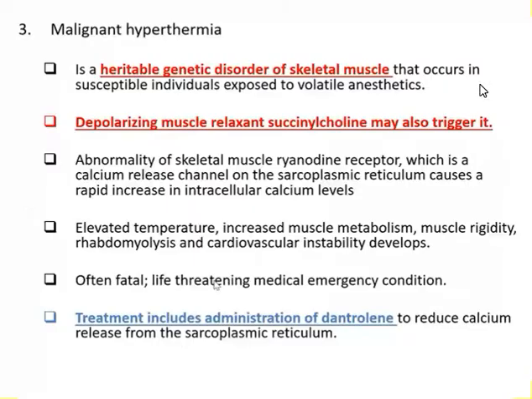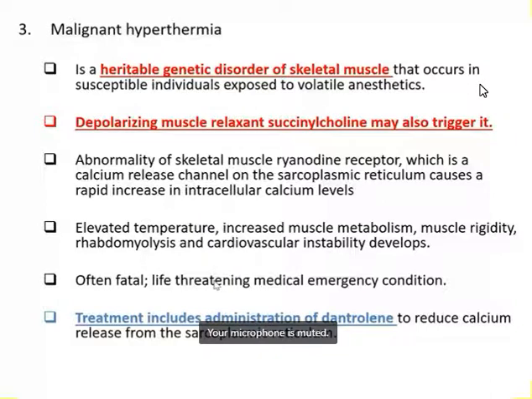The next important adverse effect is malignant hyperthermia, which was mainly related to the drug known as, what was the name of the drug? Halothane. Okay, I have already explained it briefly. It is not seen in all individuals.